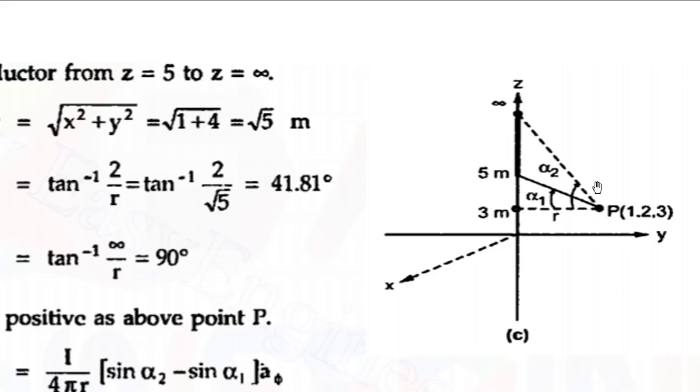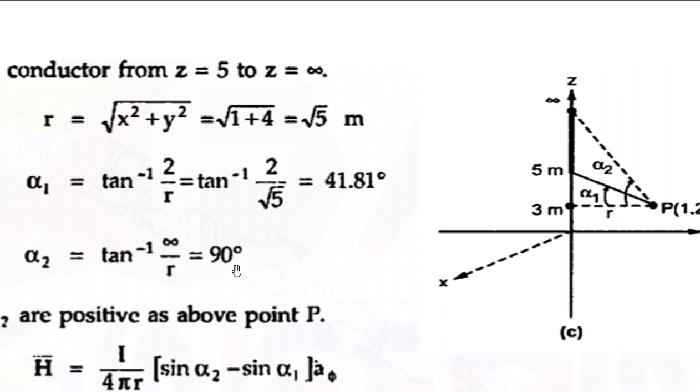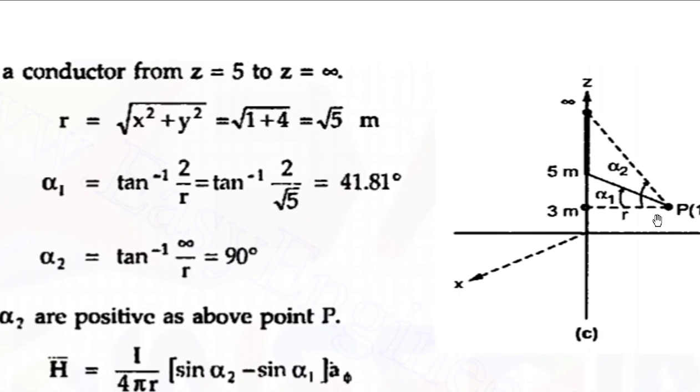So we'll join that infinity point approximately with point P, and then tan alpha 2 is equal to this distance from 3 meters up to infinity, which is infinity, upon R. So that is tan inverse of infinity, and tan inverse of infinity is 90 degrees. So our alpha 2 comes out as 90 degrees.